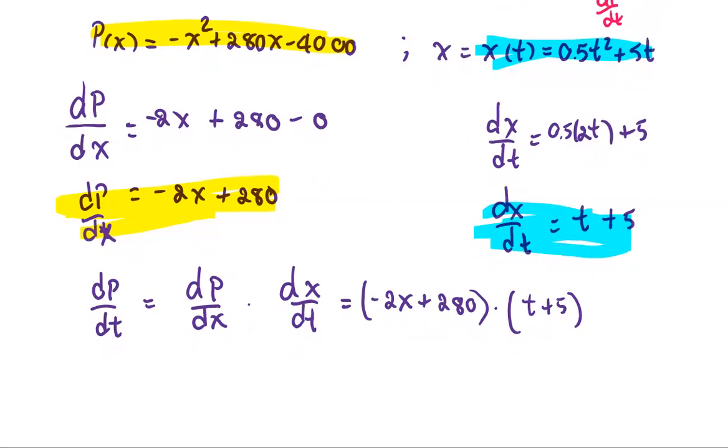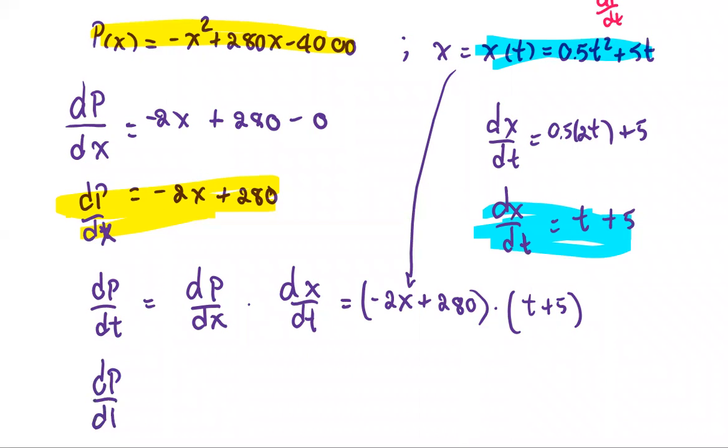I still have the combination of x and t. I have to rewrite x in terms of t. From what we have here, x is the expression 0.5t squared plus 5t.